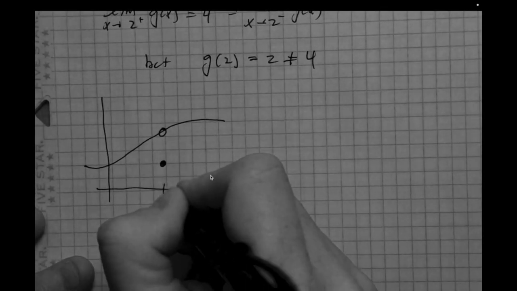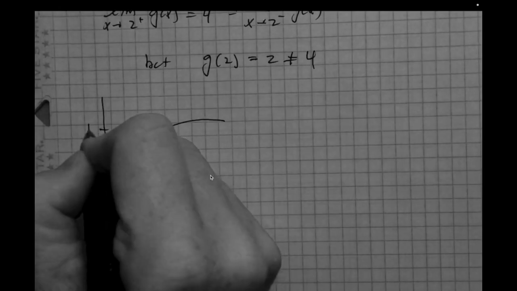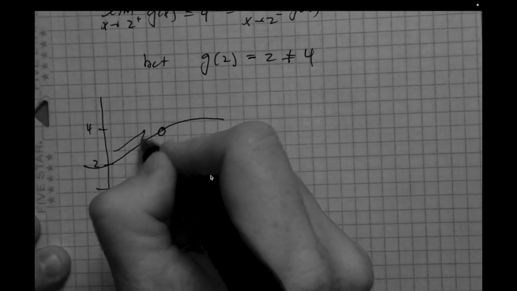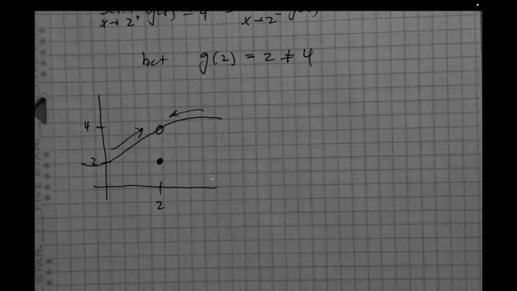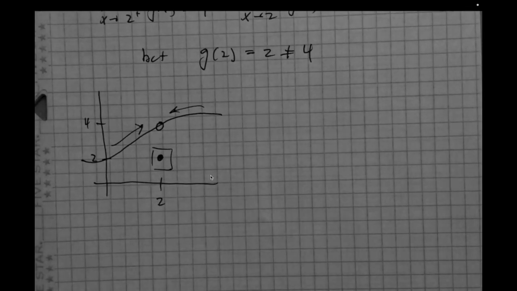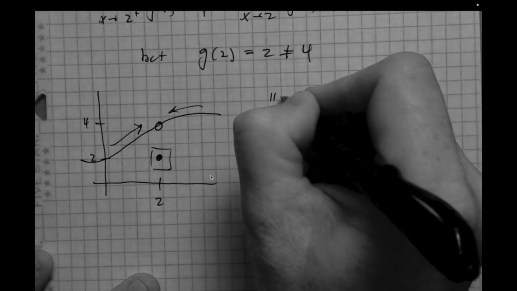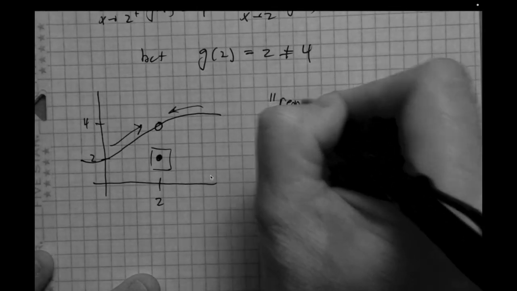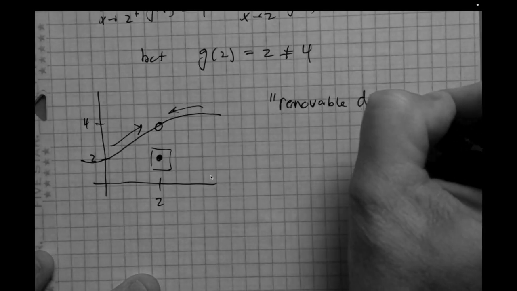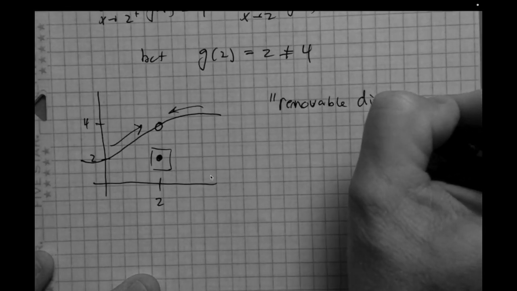We'll say this is 2, and so maybe this is 4, and this is 2. So as you approach 2 on the function, it would suggest that the limit is 4, but the actual function is not valued 4 whenever x is 2. It's valued at 2. All right, so this is an example of what's called a removable discontinuity.